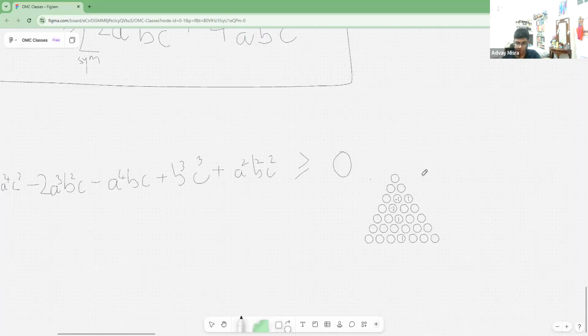Now, in order to get the symmetric sum of this, the idea is actually quite simple.